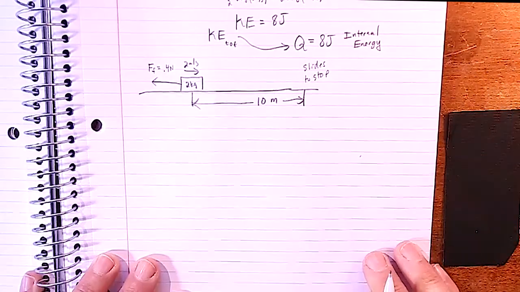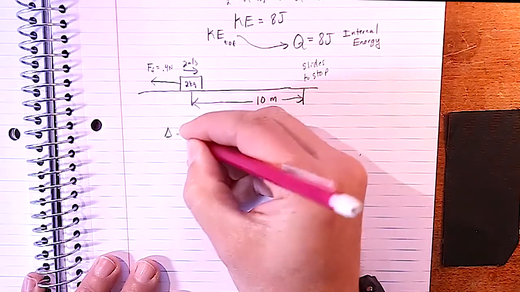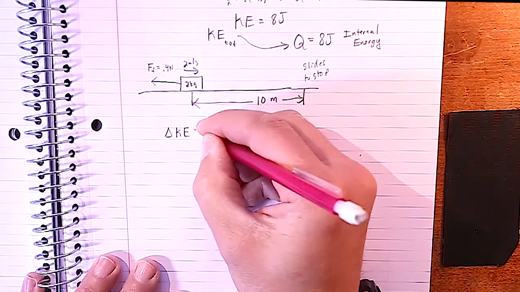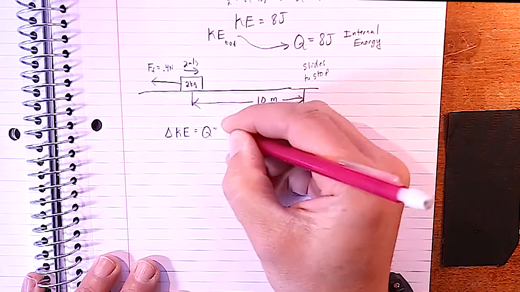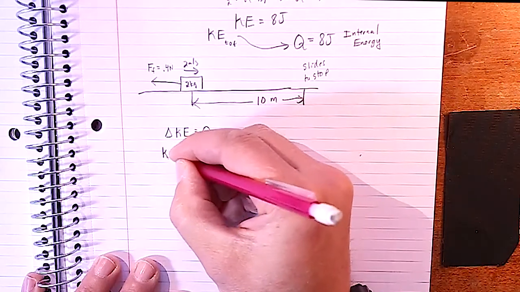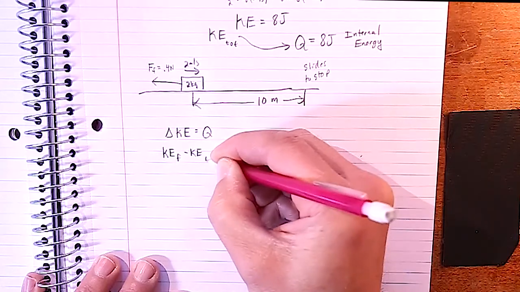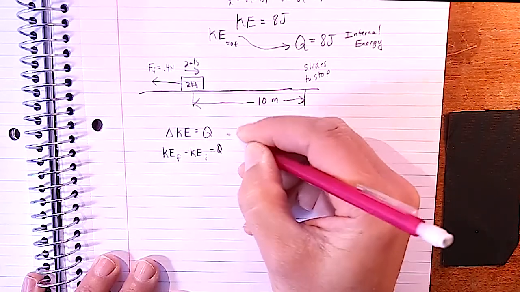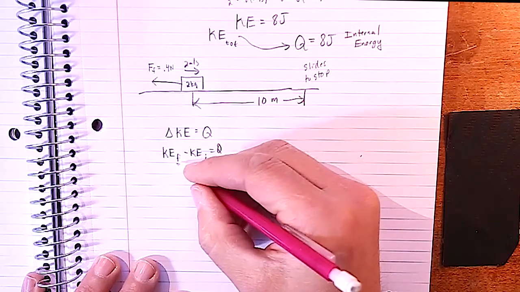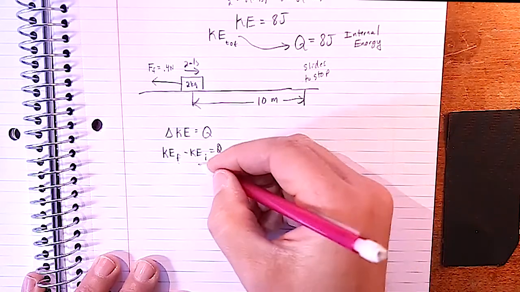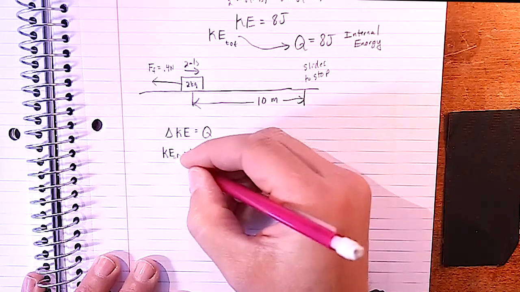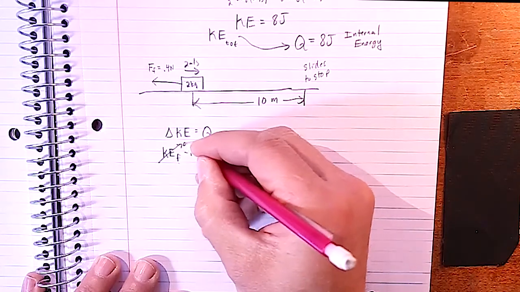And so we know that the change in kinetic energy is going to be equal to the heat produced. And we know that change in kinetic energy is final minus initial. So if we start with this, our final is 0 and our initial is what we started with. So our final drops out to 0.